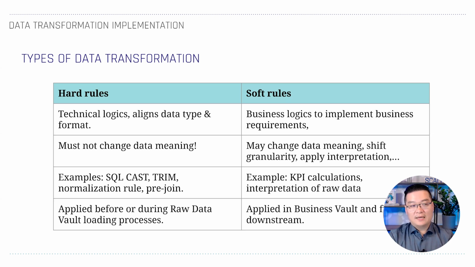Another hard rule that is fairly common is a normalization rule to deal with complex data structures. You may also flatten the incoming data to fit it into relational data formats. And another interesting one that we teach in our boot camps and trainings about Data Vault 2 has to do with something we call pre-joins.